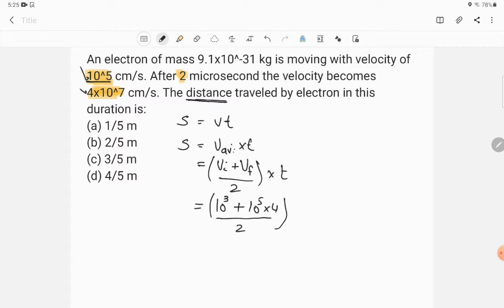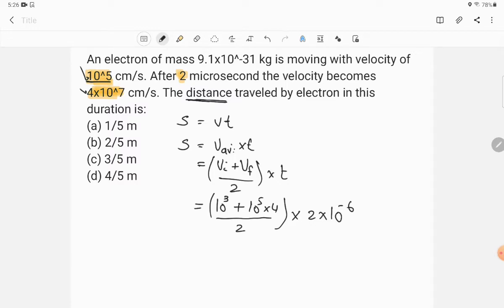So when you add these velocities, then divide by 2 and multiply with the time, which is given as 2 microseconds, I'm writing down 2 microseconds means 2 into 10 to the power minus 6.